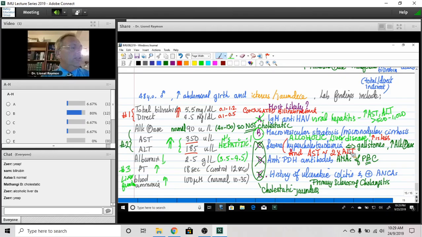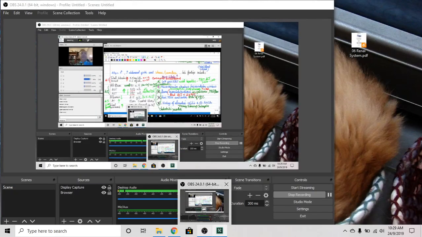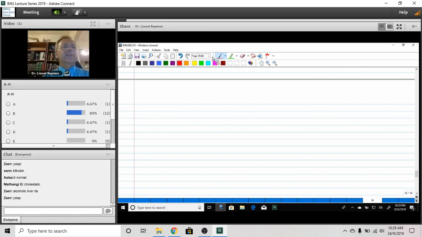So imagine that you have a patient with jaundice, and let me insert a couple more. You start with jaundice and icterus. And we said, first thing to do is check bilirubin.